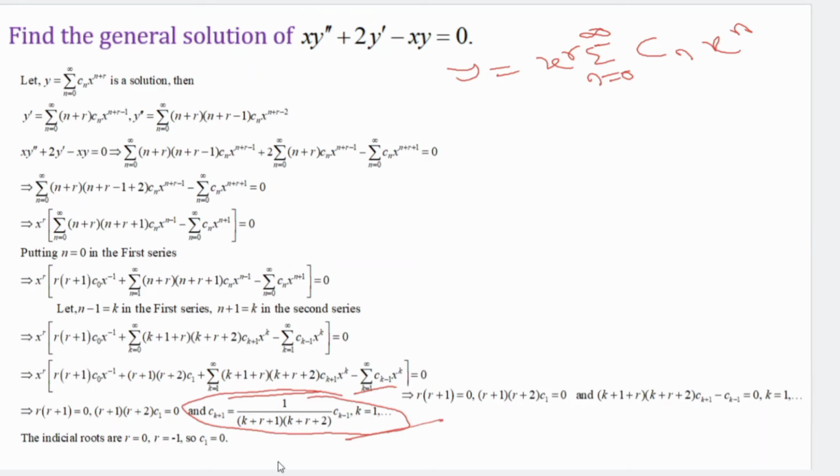So now we will find the series for r equal to 0 and r equal to minus 1.